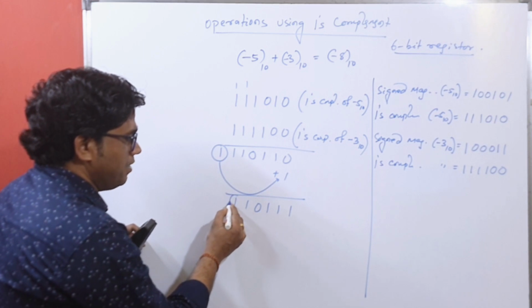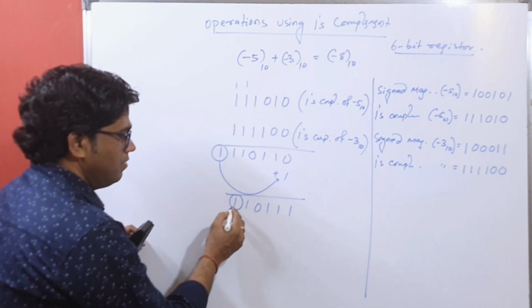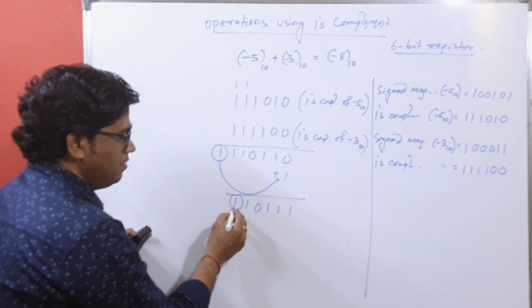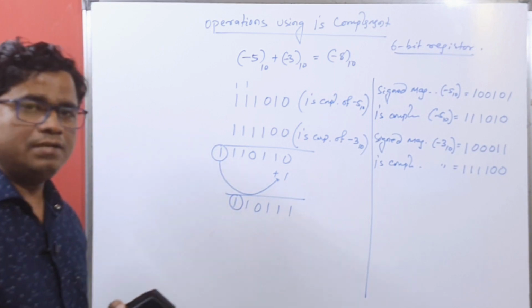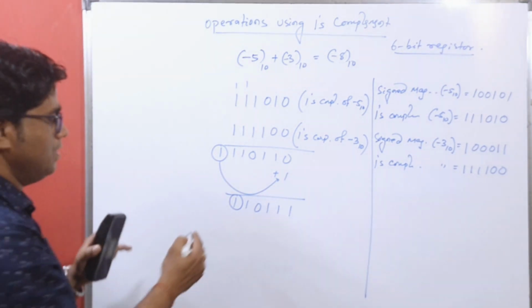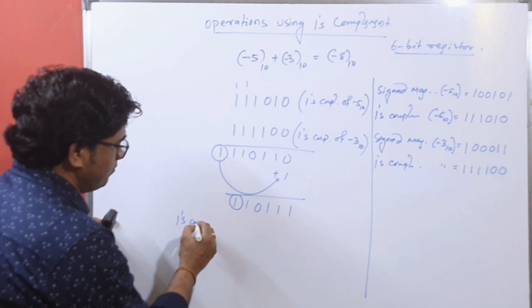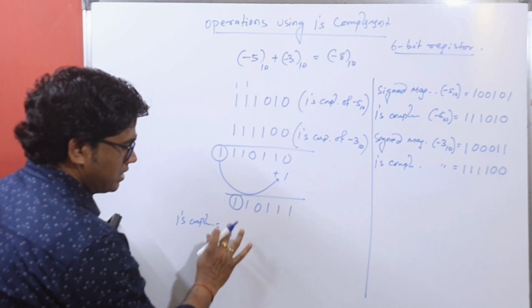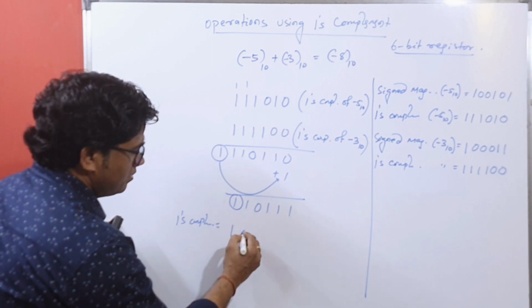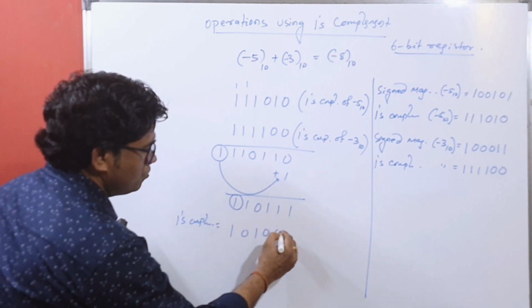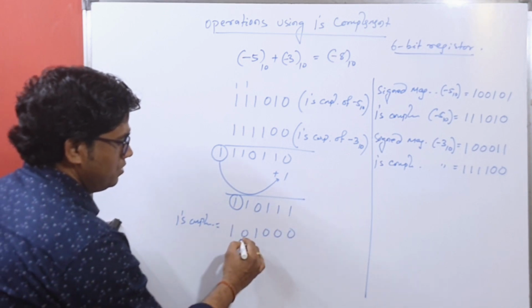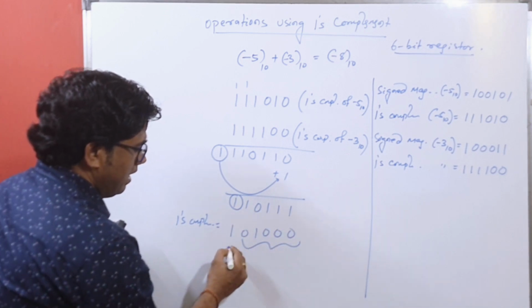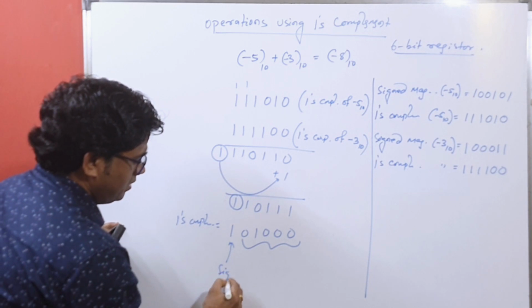The most significant bit of the result is 1, so that indicates the result is negative. So you find out the 1's complement of the result again. The 1 is the sign bit, which cannot be complemented. Then 0 1 0 0 0. So this is now your final result, and this is the sign bit of the result, right?